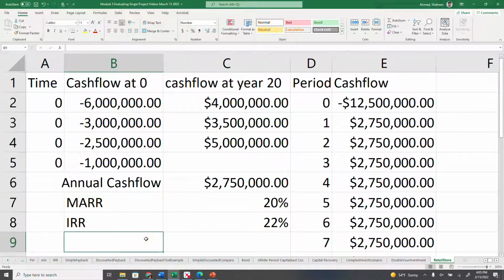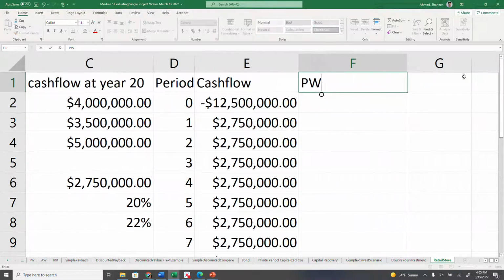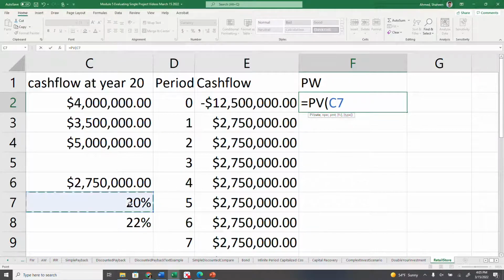Now next we can calculate the present worth. Because the IRR is more than the MAR, the present worth will be positive. So let's calculate the present worth. We can simply type the function called PV, and then the rate is 20%. We're going to freeze that cell so we can use it again and again.